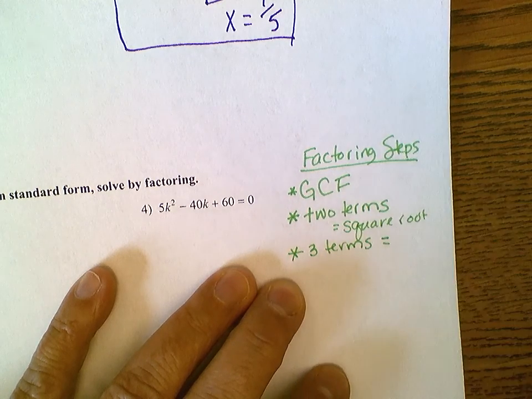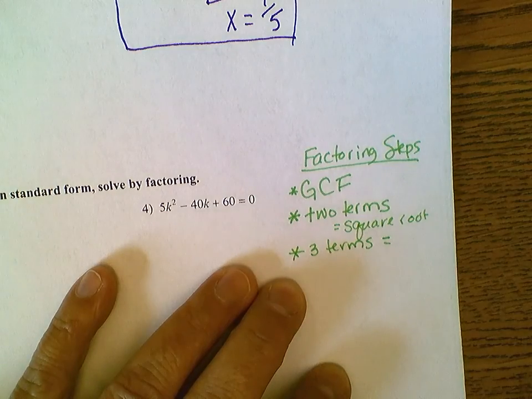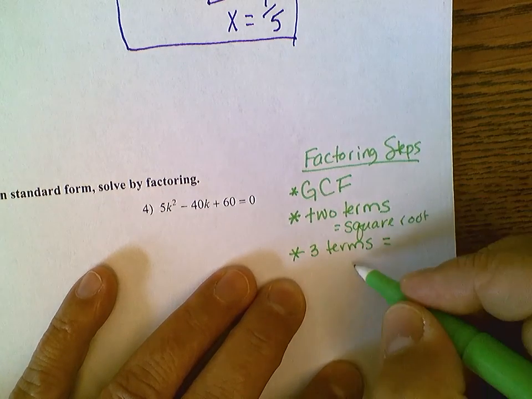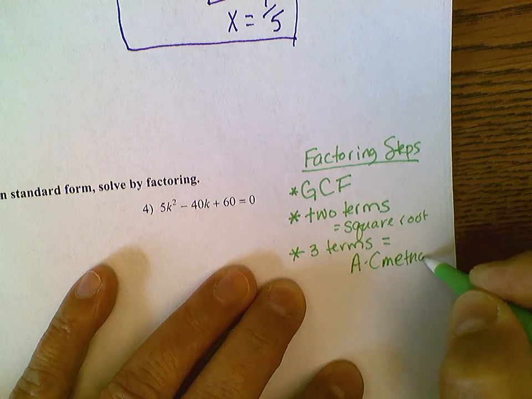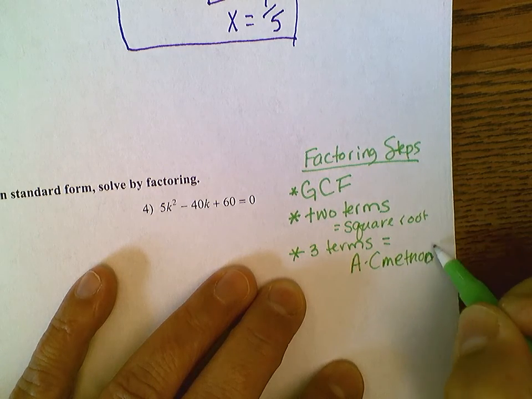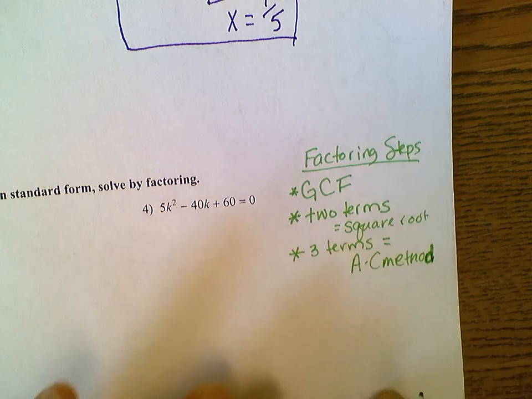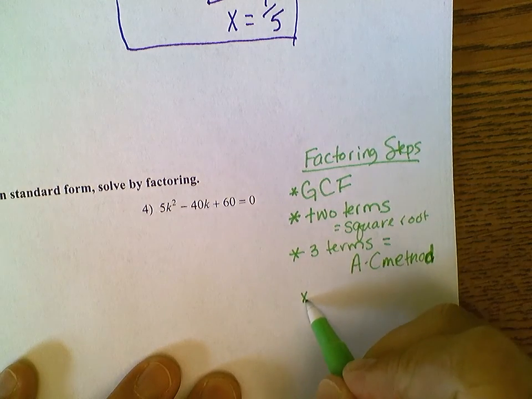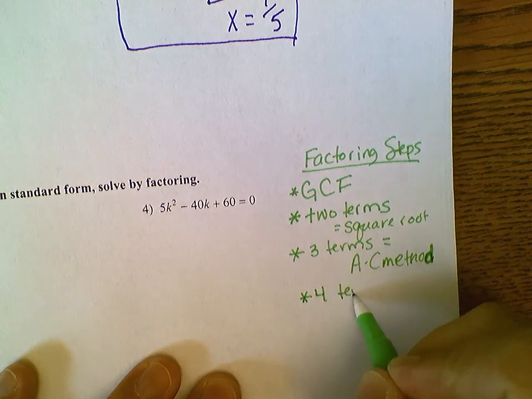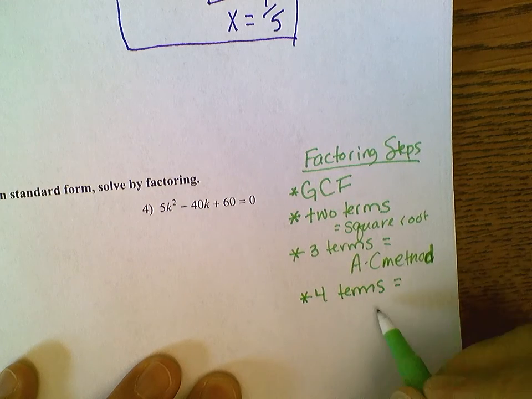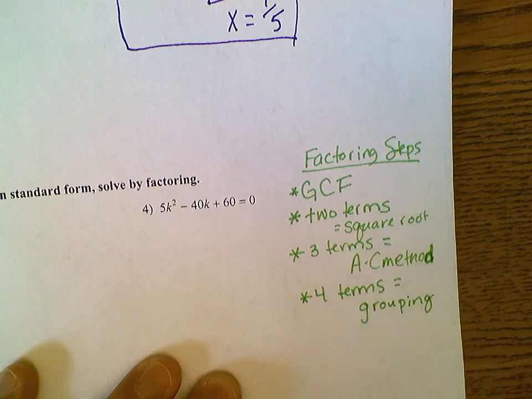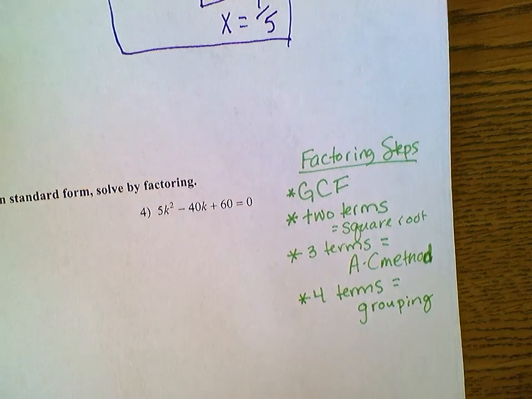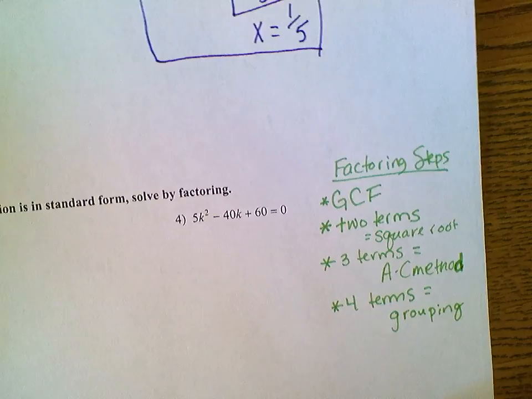Teachers call it all kinds of different ways to factor a trinomial. I tend to say AC method. I think that's a popular term. Not really sure what your teachers in the past have called it. We might even see four terms, and if we see four terms, we use grouping. Then we would set each factor equal to 0 and solve.